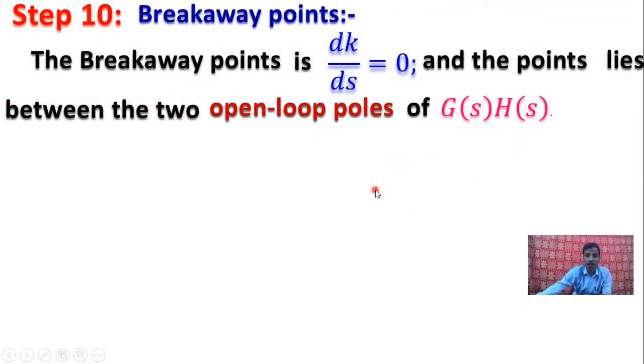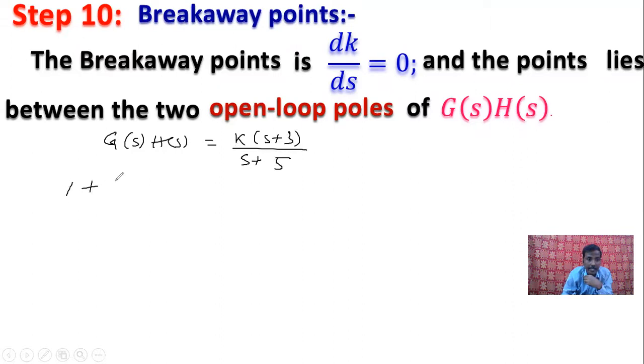So what is the process? Suppose this is our open loop transfer function, G(S)H(S) equals K into (S plus 3) divided by (S plus 5), and the characteristic equation 1 plus G(S)H(S) equals 0.